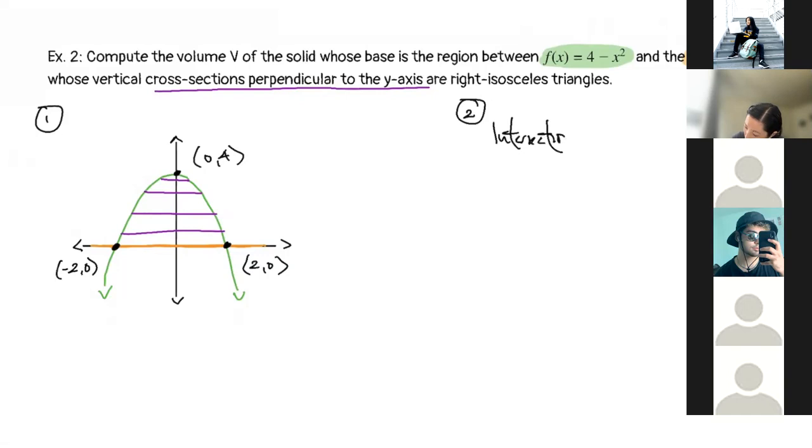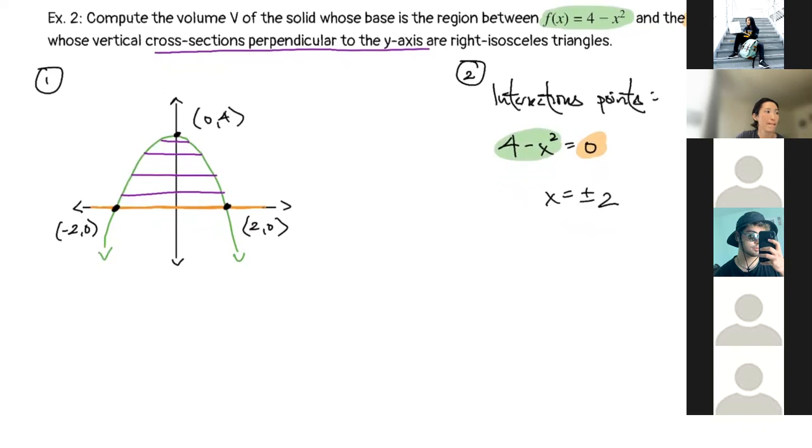We did 4 minus x squared equals 0, and then we got x equals plus or minus 2. So here's the x-axis, and here is the green function.